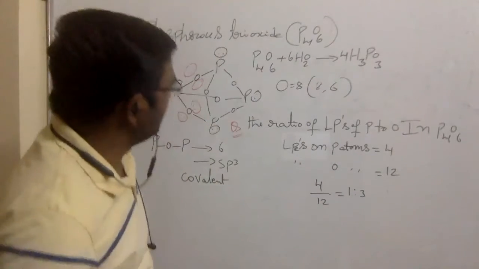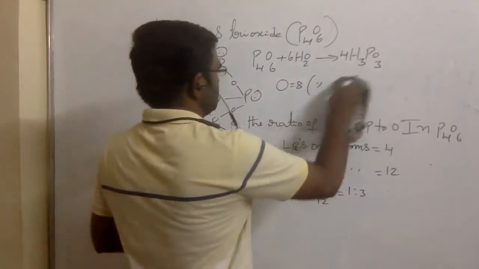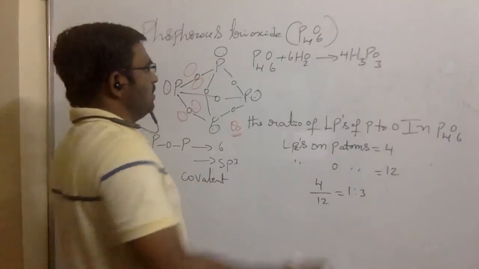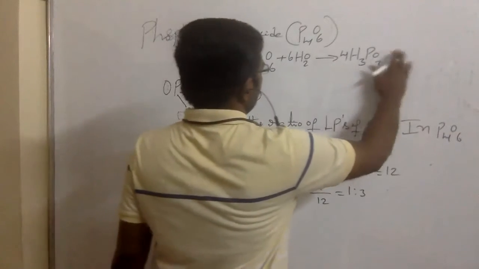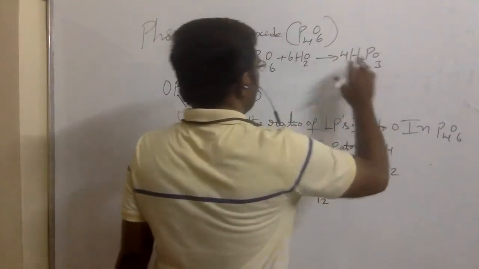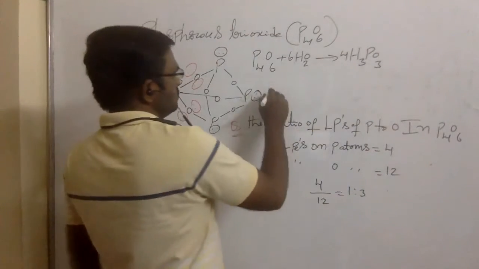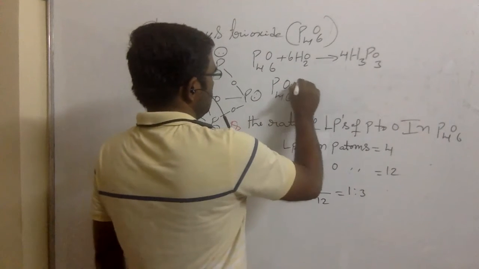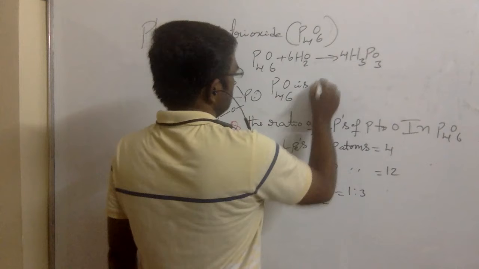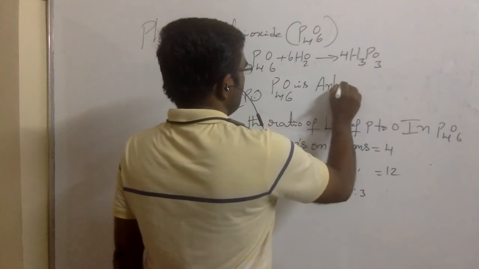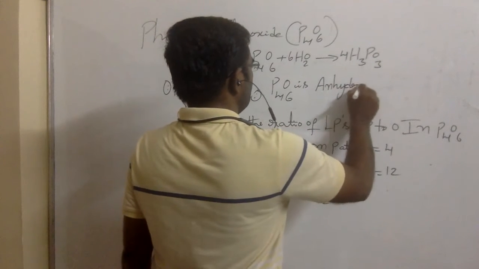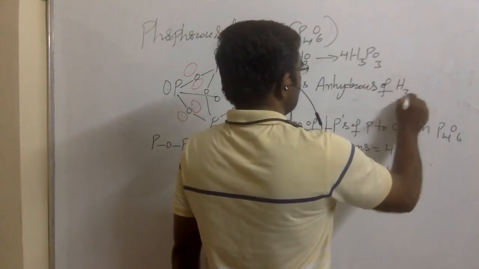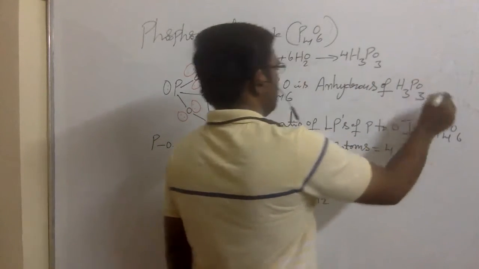See, students, hydrolysis of phosphorus trioxide always gives H3PO3. This is called phosphorous acid. So here P4O6 is called the anhydride of phosphorous acid.